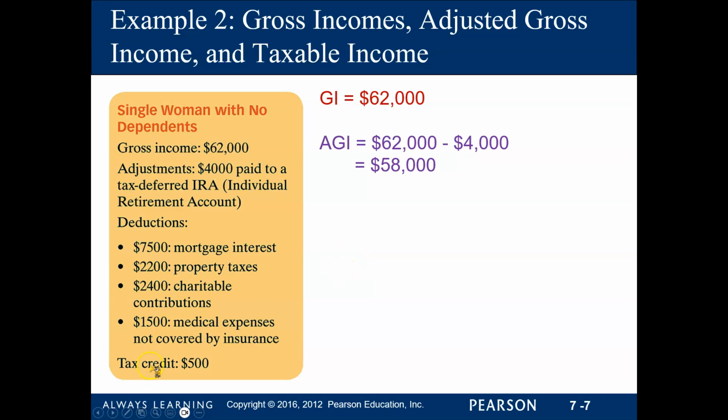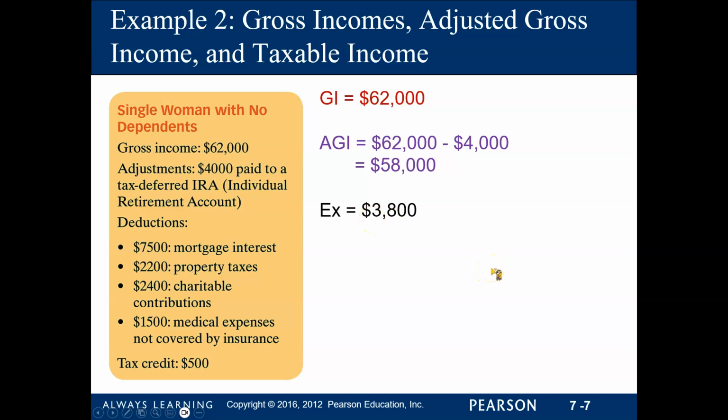Now, when we work on the taxable income, we have to consider, aside from the AGI, the exemption. Even though it was not mentioned here, you will always have to include an exemption when solving for the taxable income. Because this is a single woman with no dependents, the exemption amount is going to be $3,800.